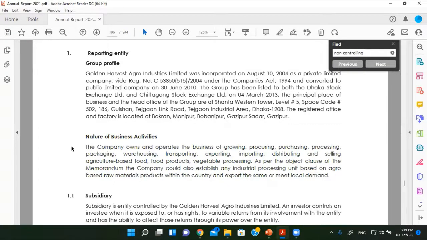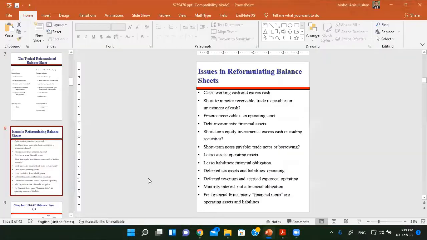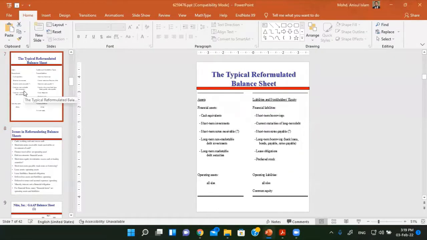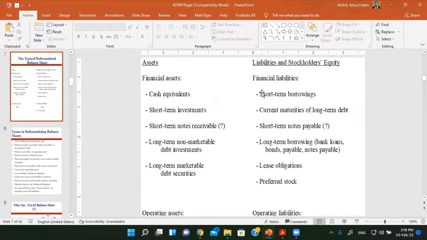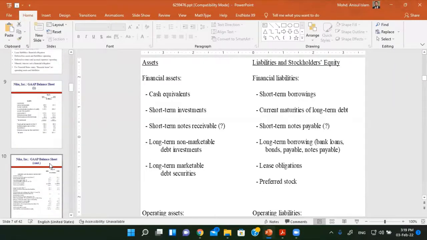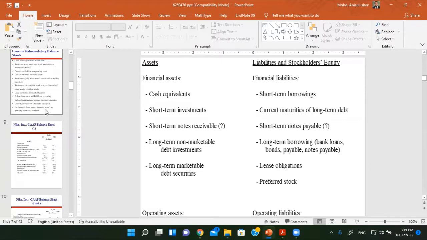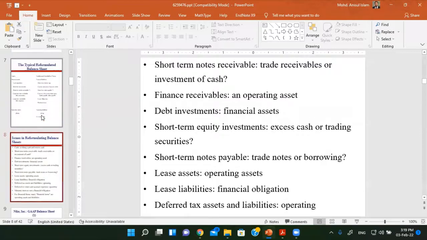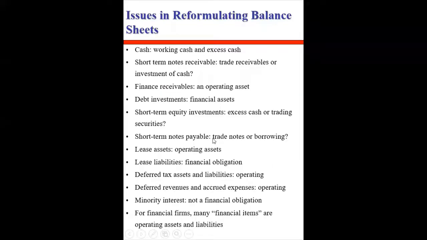Say, for example, I was showing you that our short-term borrowings are part of financial liabilities. So for this part, you have to incur some financial expenses. Okay. So what we do now, before going to the actual reformulation, we have to spend some time on the items in the balance sheet to know which one is operating and which one is financial.